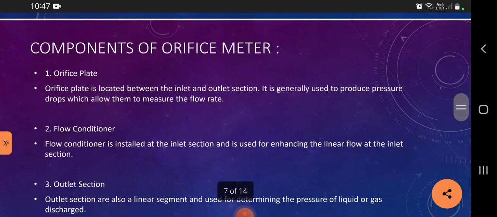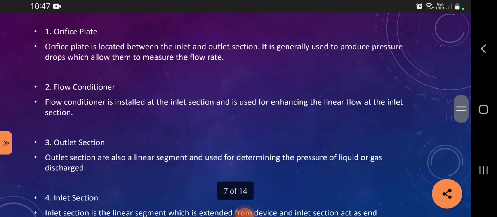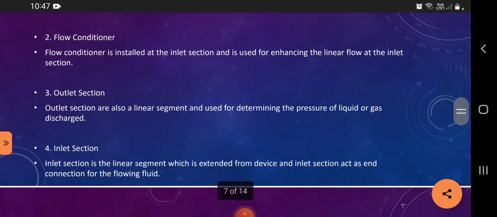Components of orifice meter. Orifice plate: the orifice plate is located between the inlet and outlet section. It is generally used to produce the pressure drop, which allows us to measure the flow rate. Flow conditioner: the flow conditioner is installed at the inlet section and used for enhancing the inner flow at the inlet section.